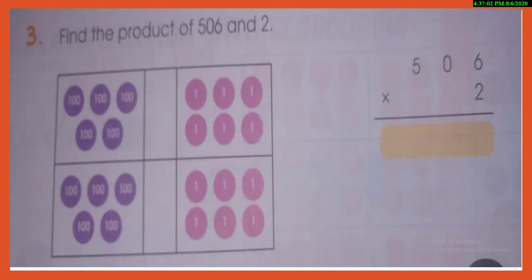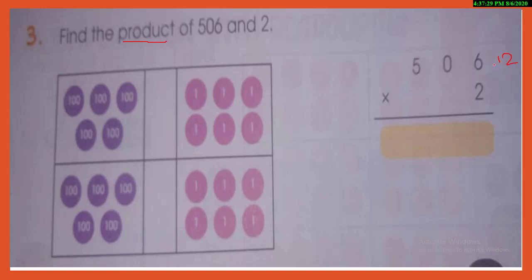Find the product. Product is again multiplication, of 506 and 2. Now it's time to solve it with your skills. Let's multiply it. 2 sixes are 12. Our answer is again in two digits. According to the rule, I am not allowed to write two digits at the ones place.